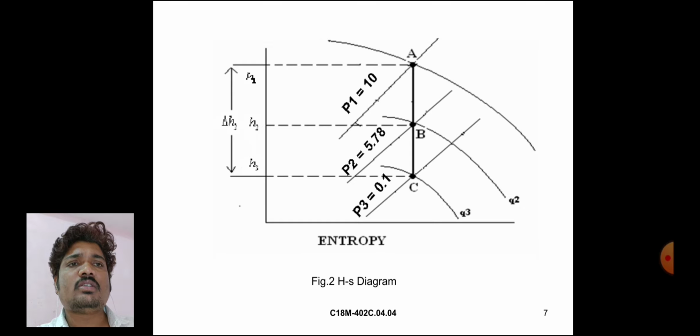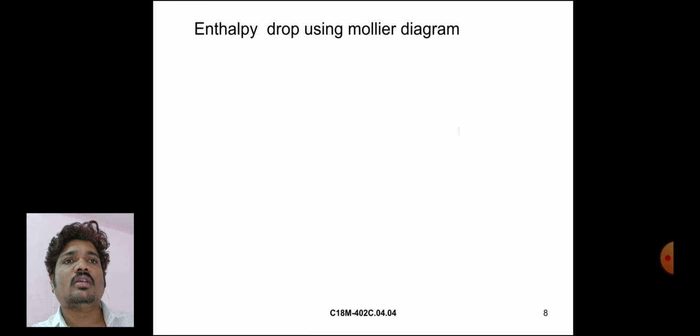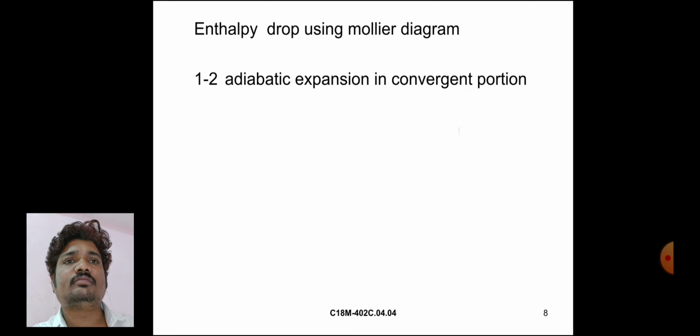H1 is at pressure P1, 10 bar, H2 is at pressure P2, 5.78 bar, and H3 is at pressure P3, 0.1 bar. Points A, B, C. Using the Mollier diagram, we find the enthalpy drop.